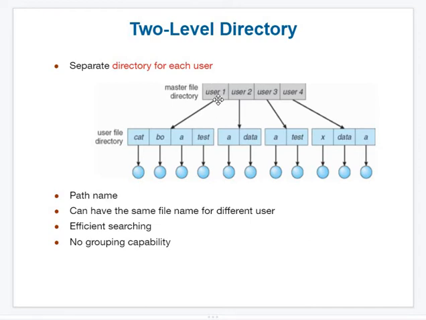Now, the important point about a two-level directory: user 1 has 4 subdirectories, whereas user 2 has only 2. User 3 has again 2, user 4 has 3. That means there is no restriction for any user to have any number of subdirectories based on their requirements.